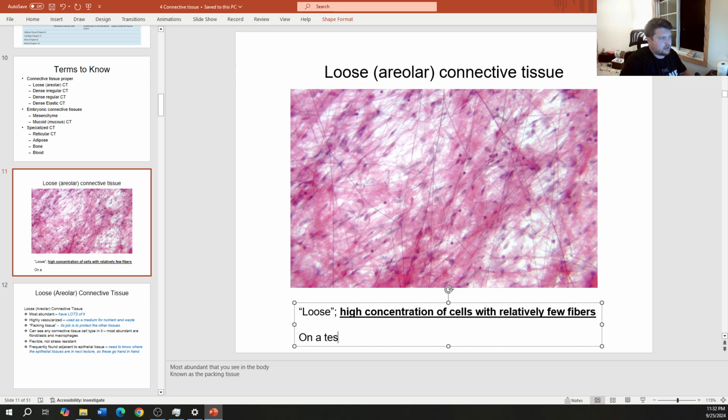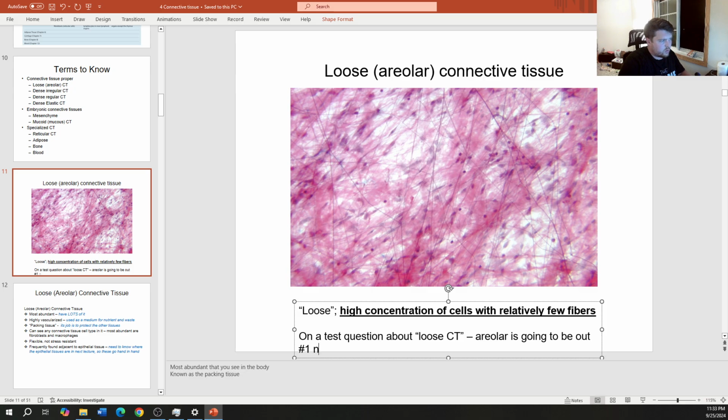So on a test question about loose connective tissue, areolar is going to be our number one answer.